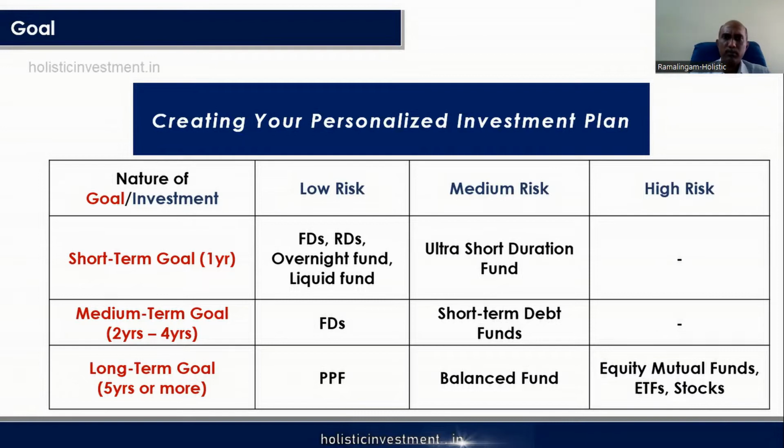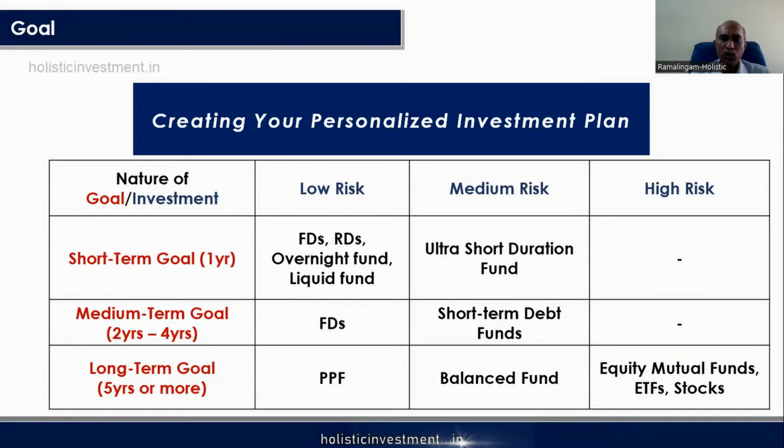If you are comfortable taking some risk, but not too much risk, you want to be very conservative, then for a short term goal like 1 year, you can go for ultra short duration funds. And as a medium risk investor, for medium term goals like 2 years to 4 years, you can choose short term debt funds.